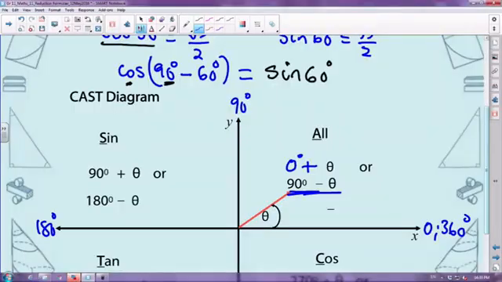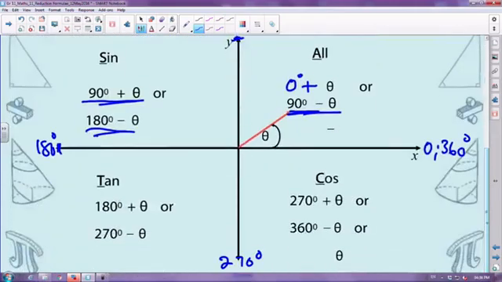But when we come to the second quadrant, as you can see, it's between 90 and 180. So that's 91, 92, 93, up to 180 degrees. So in the second quadrant, it's 90 degrees plus or 180 degrees minus.